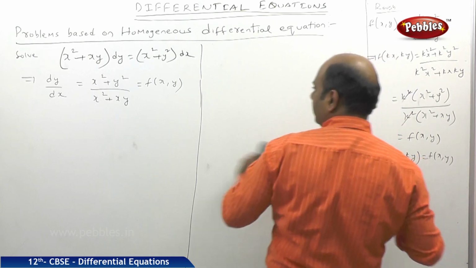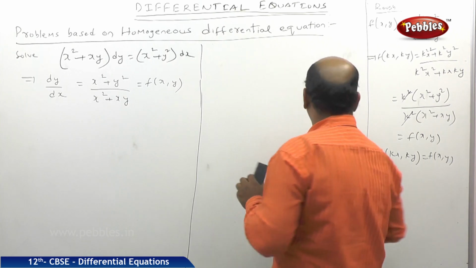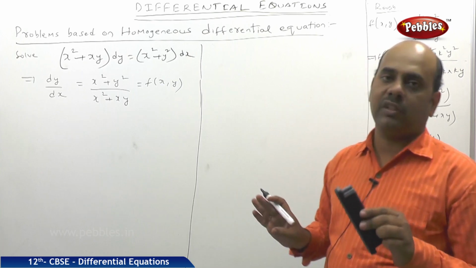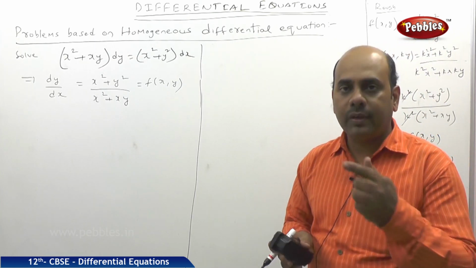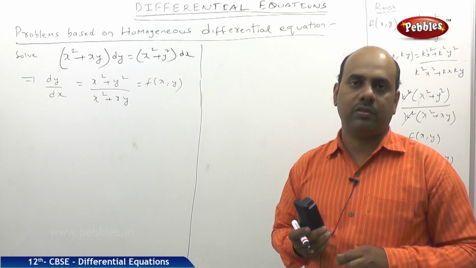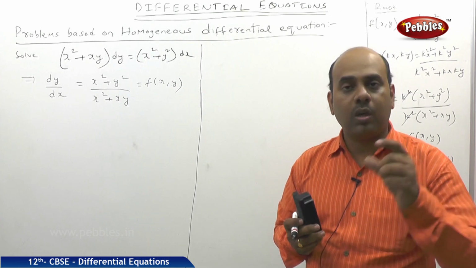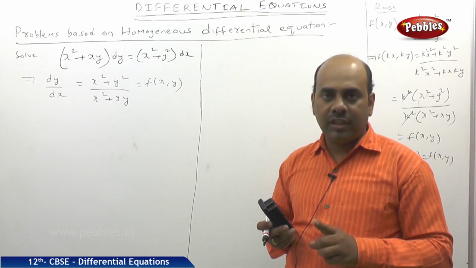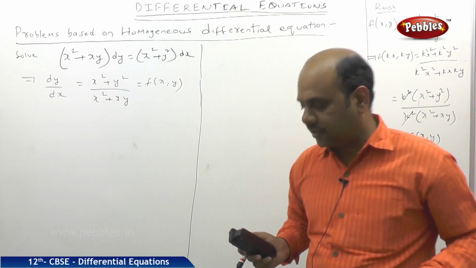So this particular function on the right hand side I can call a homogeneous function, and so this differential equation we can call a homogeneous differential equation. How we can solve this particular homogeneous differential equation means there is a special working rule. What that working rule is telling, you need to put y is equal to vx provided the function is a homogeneous function.